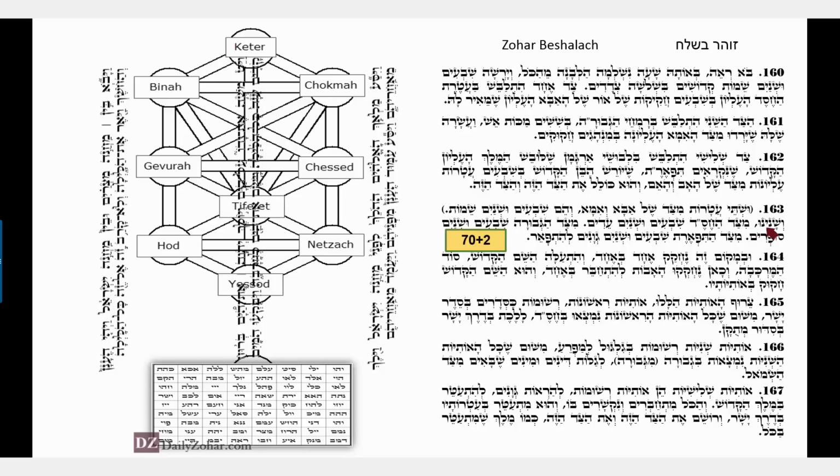And we studied: from the side of Chesed, 70 and 2 witnesses. From the side of the Gvura, 70 and 2 scribes. And from the side of Tiferet, 70 and 2 shades of colors, which is basically vibrations of energy, to glorify.